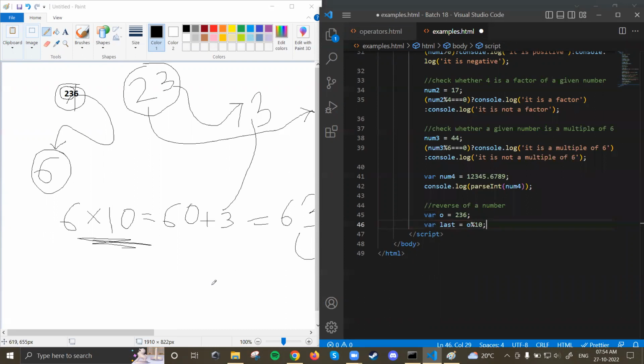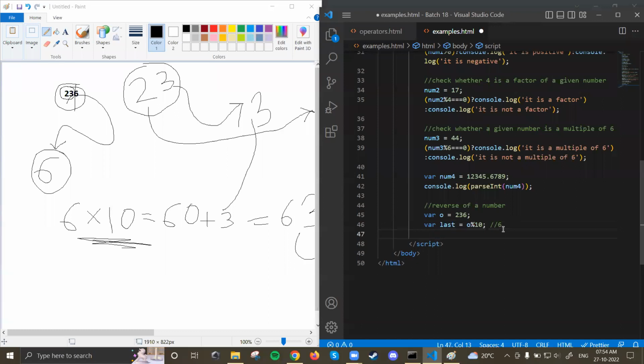What will last contain if I write O modulus 10? Last will contain 6, isn't it? So here we have 6.